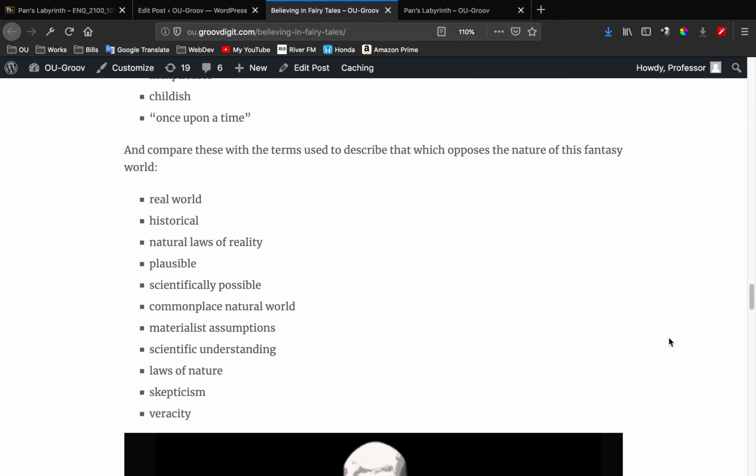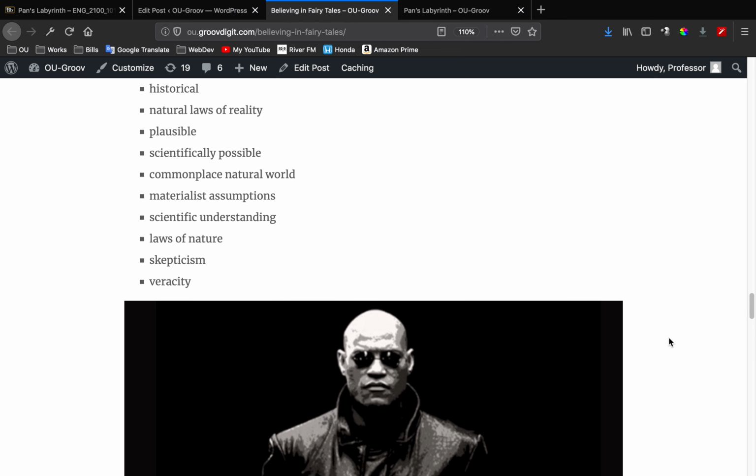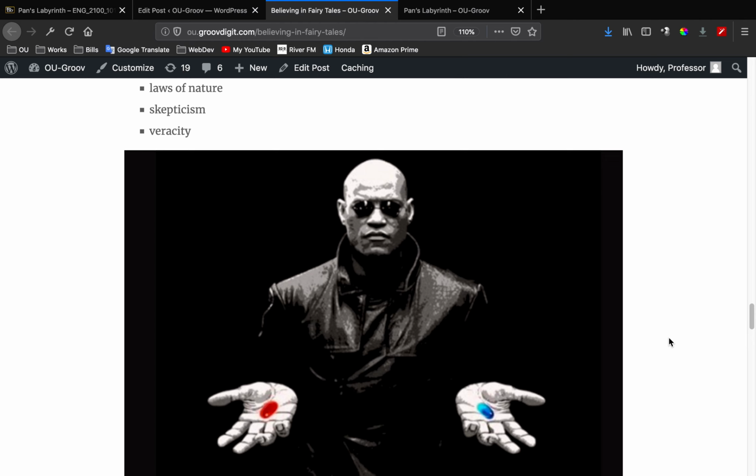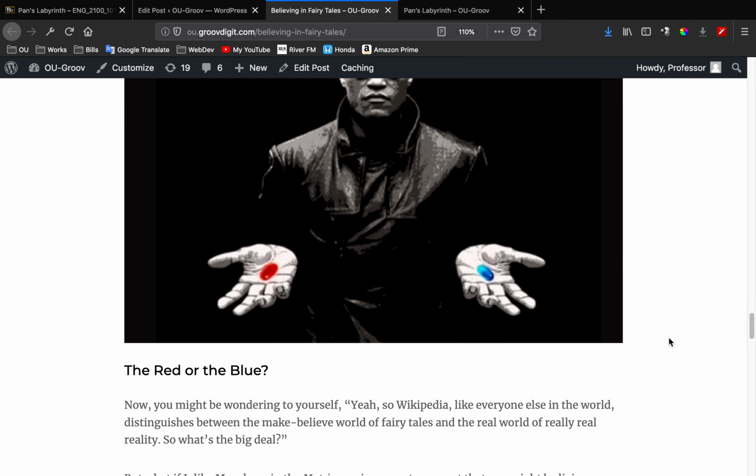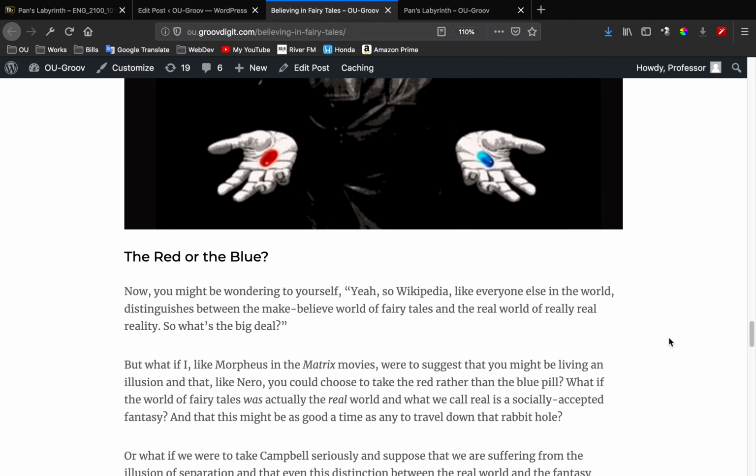Real world, historical, natural laws of reality, plausible, scientifically possible, commonplace natural world, materialist assumptions, scientific understanding, laws of nature, skepticism, and veracity. The red or the blue?